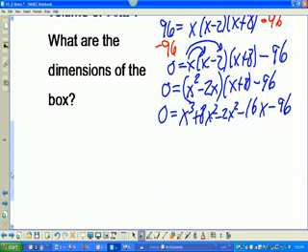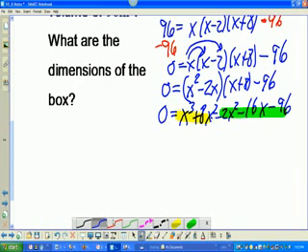I don't know if this is going to work or not, but let's try to break it down into a binomial and a trinomial. So I'll take a look at the first two terms, and I'll take a look at the last three terms and see how that works out. Well, if I look at the first two terms, x cubed plus 8x squared, the common factor there will be x squared.